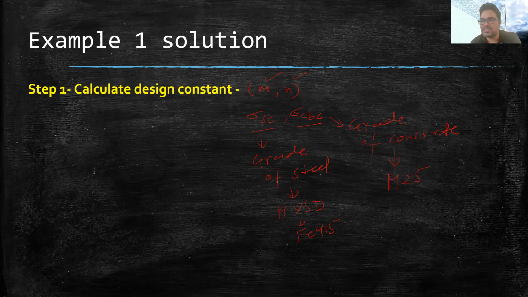It is already mentioned in the question. So for M25 grade, we will find out the value of sigma CBC, and for HYSD bar, we will find out the value of sigma ST from the IS code. So now I will show you the IS code.